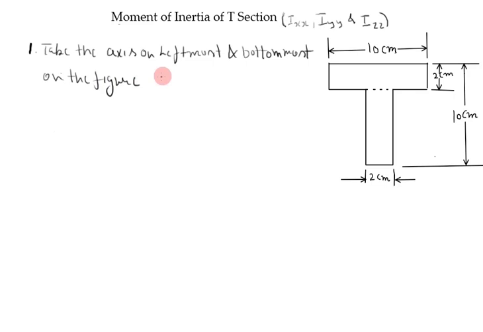Means we have to take one axis at the bottom, that is xx dash, and another yy dash on the figure. This is at the bottommost, this is at the leftmost. Now calculate the x bar and y bar.